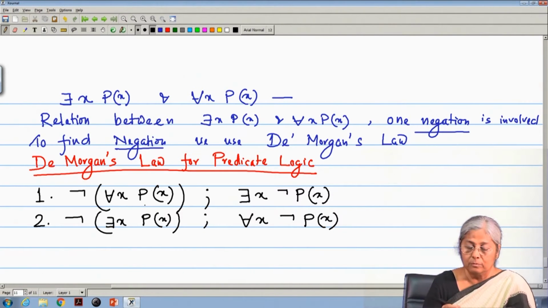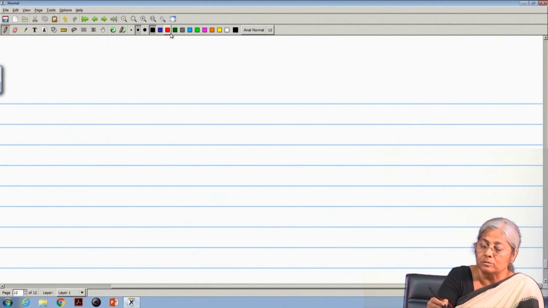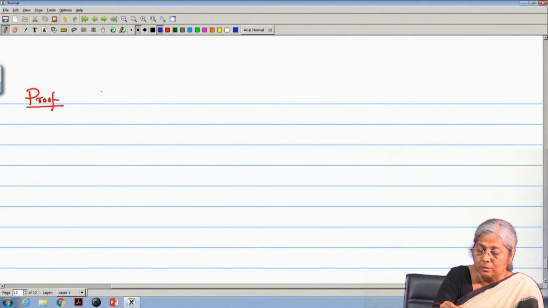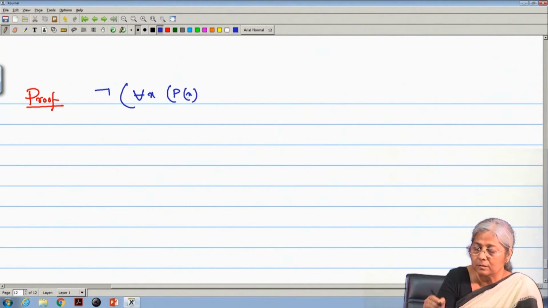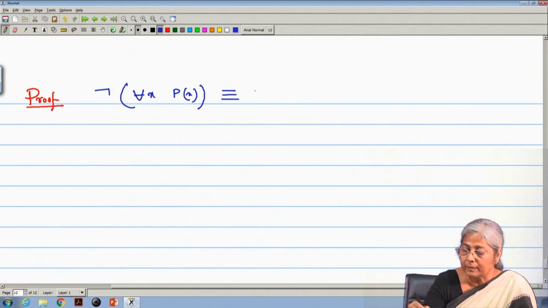Now, we prove one of the statements, or one of De Morgan's laws. So, we prove the negation of for all x p x, whether it is equivalent to there exists x negation p x, the first pair we see.